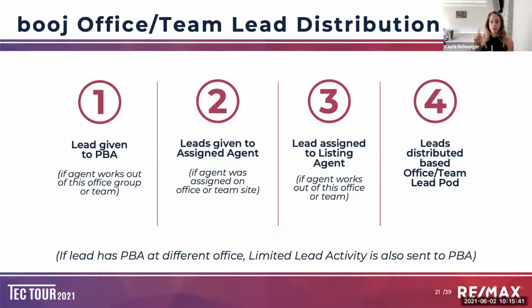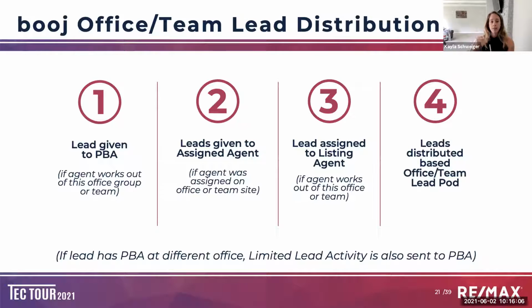You see that little note at the bottom: that other PBA in another office will get what's called a limited lead activity notification saying, hey, your client became a lead somewhere else. You should reach out to them and bring them back home and see why they're venturing off of your website, right? It's not going to tell you whose office website they went to become a lead on. It'll just let you know that it happened.